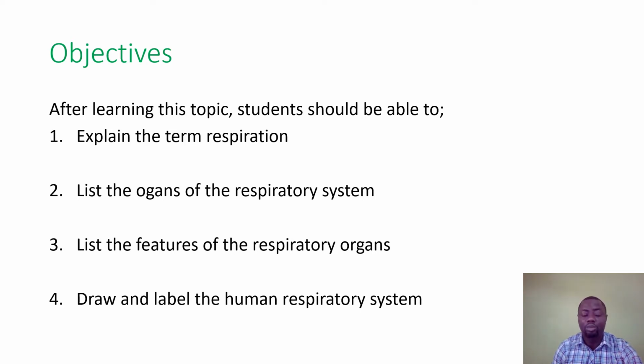So let's repeat our objectives. Objective number 1, explain the term respiration. Objective number 2, list the organs of the respiratory system. Objective number 3, list the features of the respiratory organs.